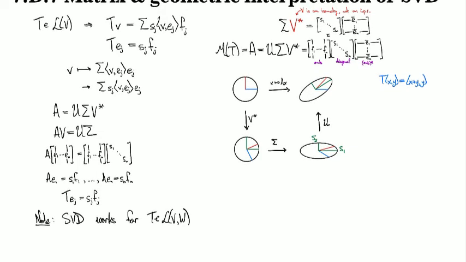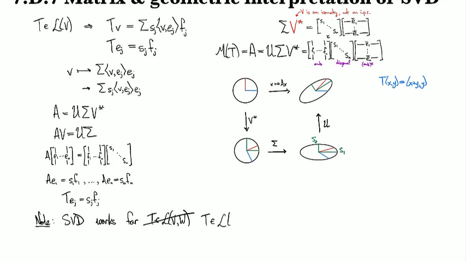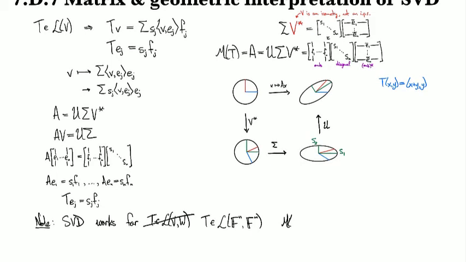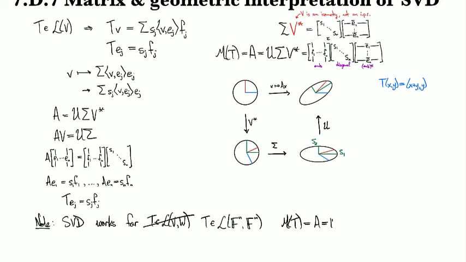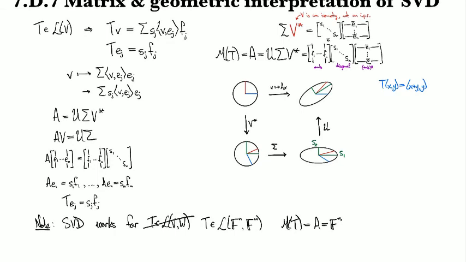Or, since it's typically done in terms of matrices, it would be for T in linear transformations from Fn to Fm, in which case we're going to be looking at the matrix of the transformation as an element of, I wrote that wrong, M rows and n columns.